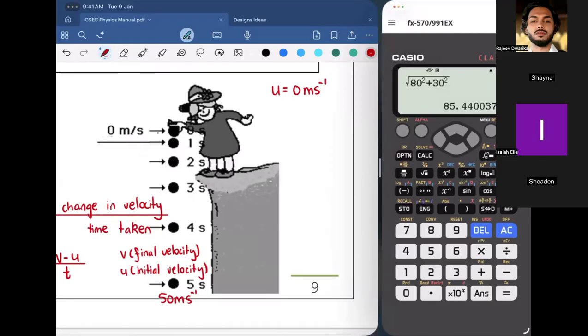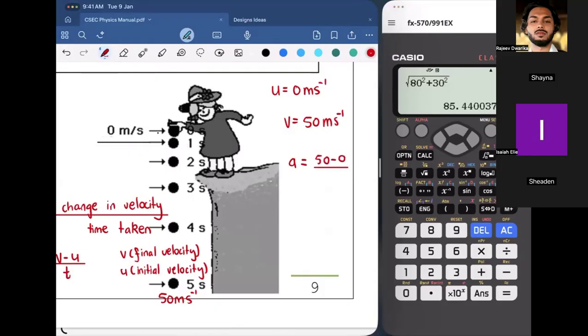So if the final velocity I measured at 5 seconds was 50 meters per second, what would v be equal to? It will be equal to 50 meters per second, right. So what was the change in velocity? I went from 0 to 50. So what's the change in velocity? 50, right? So 50 minus 0.